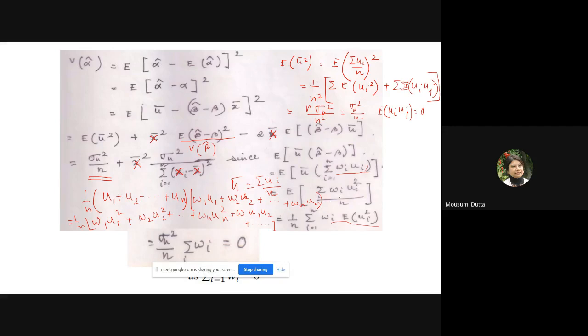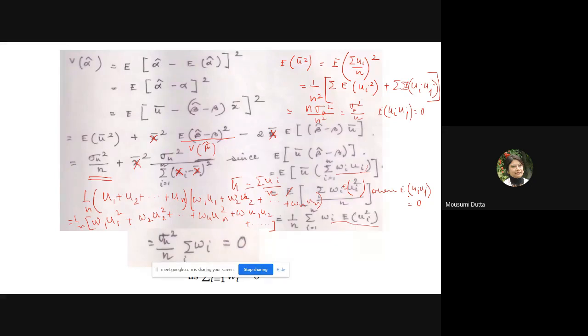When you consider the expectation of that part, you can keep that ui uj component too, or you can bring expectation inside, so that expectation of ui uj is equal to 0.